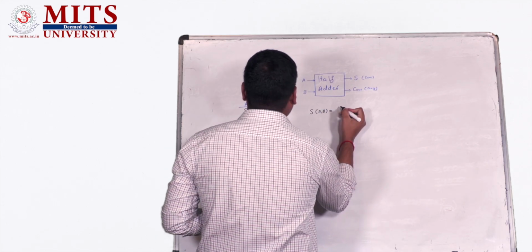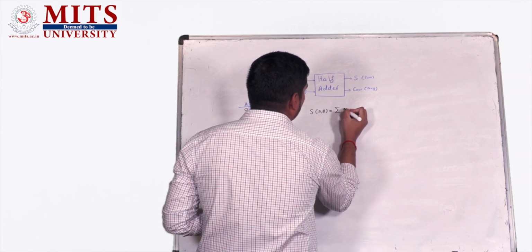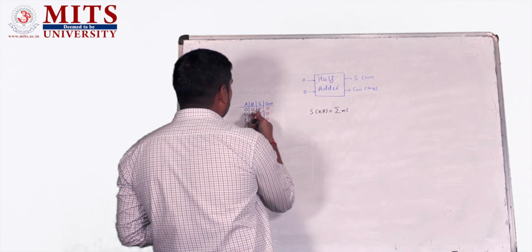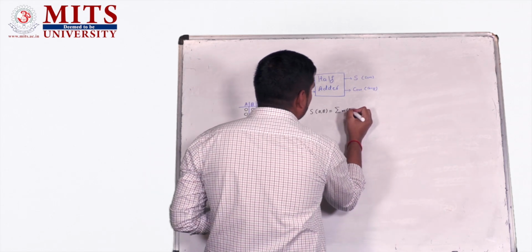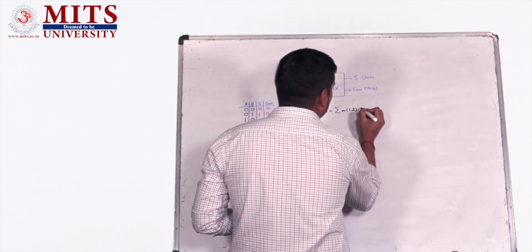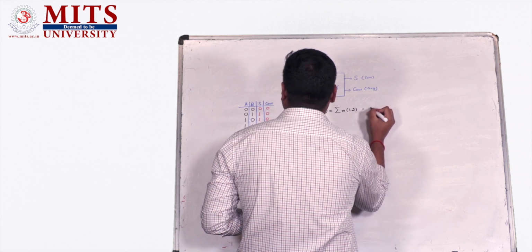and we can write this in SOP form, sum of several minterms, and if you can see the minterms are 0 1 1 0, that is 1 and 2, and this expression can be written like this.